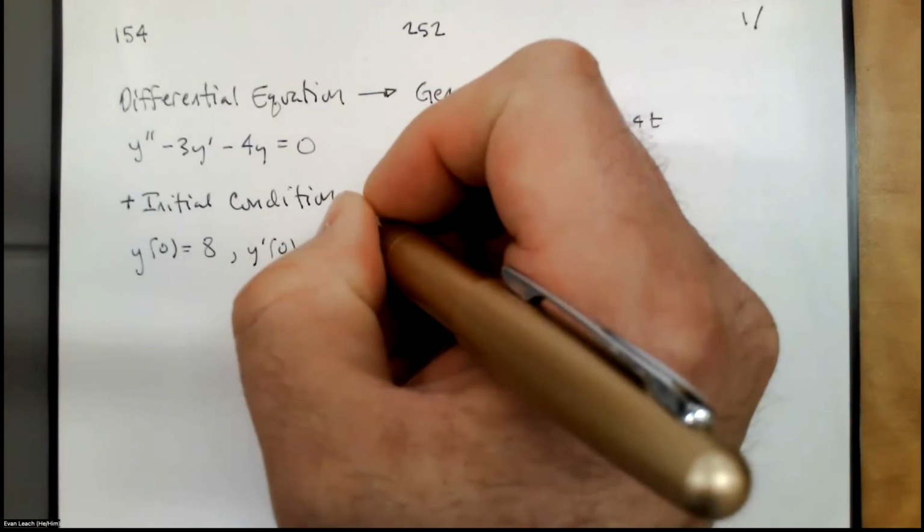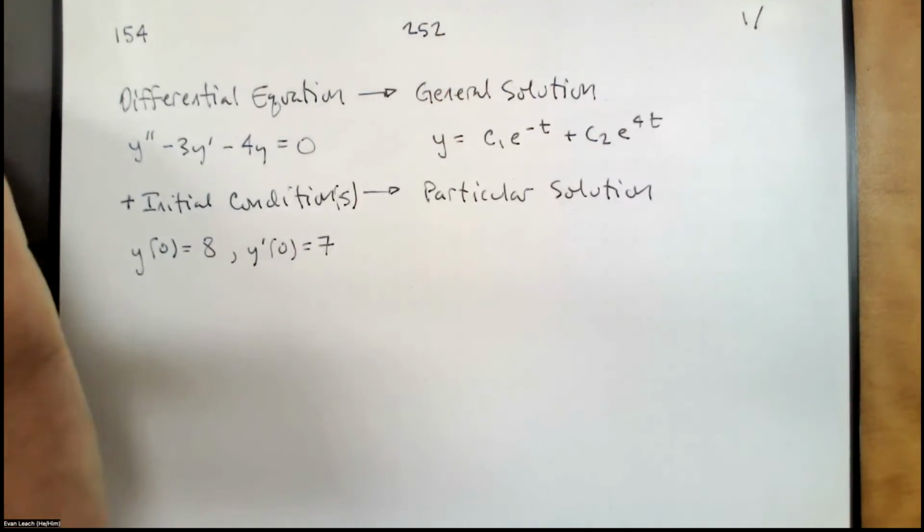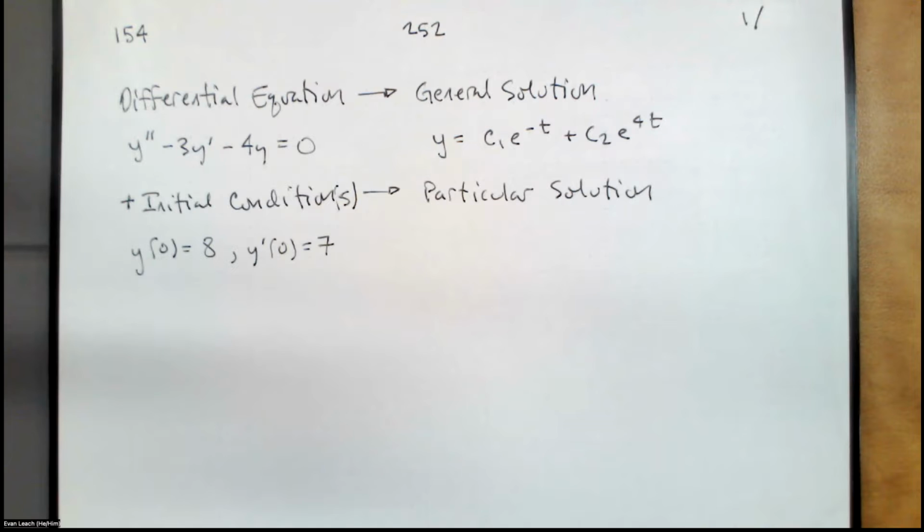I don't know if we want to count this as one initial condition or two initial conditions. It's just one state. We're saying where the function is and how fast it's going. Note that I have two pieces of information in my initial condition. And that makes sense because I'm looking for two arbitrary constants. We need 2 bits of information to find 2 constants.